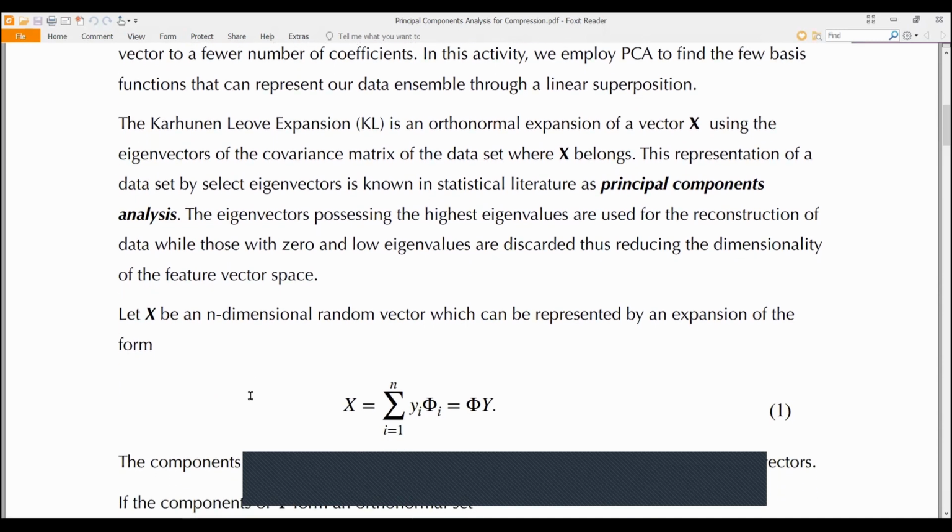Okay. So let X be an n-dimensional random vector, which can be represented by an expansion of the form: X is a linear superposition of coefficients yi times some vector phi sub i, i equals 1 to n.